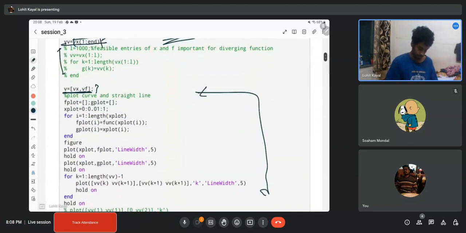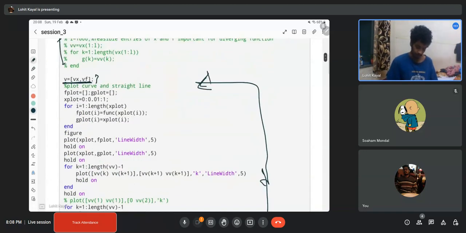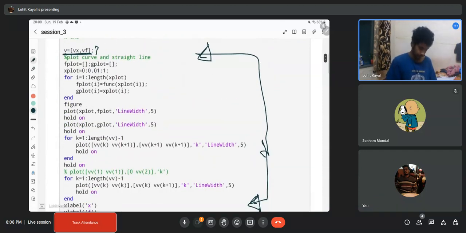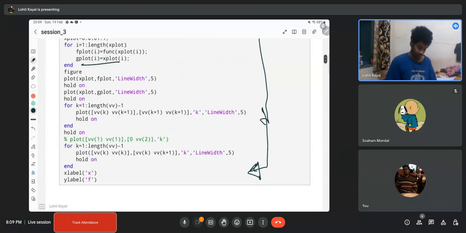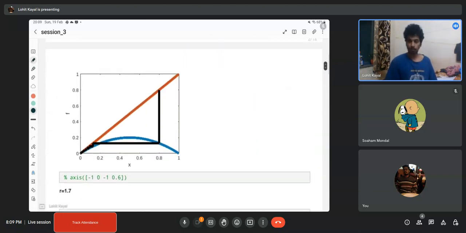I will not go over the detailed code. I will share it, and if you have doubts, you can ask me about this code. I am simply plotting the functions and the straight lines, and these are just used to join the straight lines. Very simple. So this is the code.